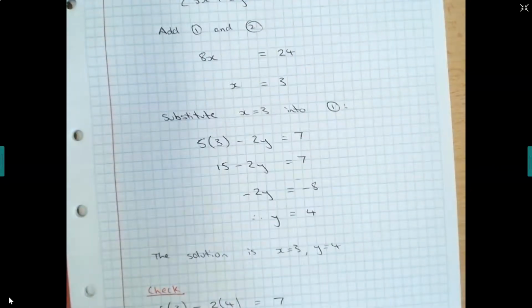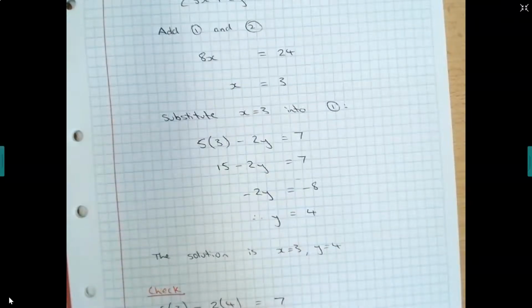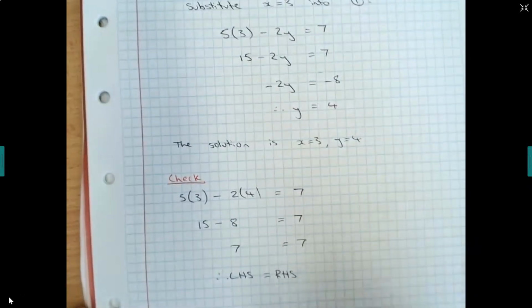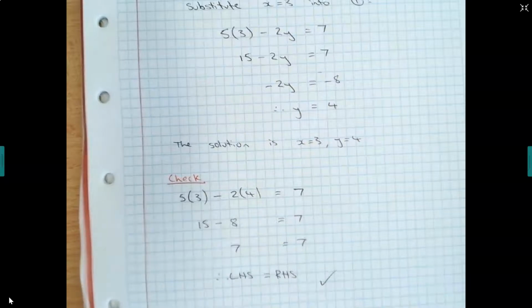On the left hand side, 15 minus 8 is equal to 7, and 7 is equal to 7. Therefore the left hand side equals the right hand side, so we've shown that our solution satisfies the equation.